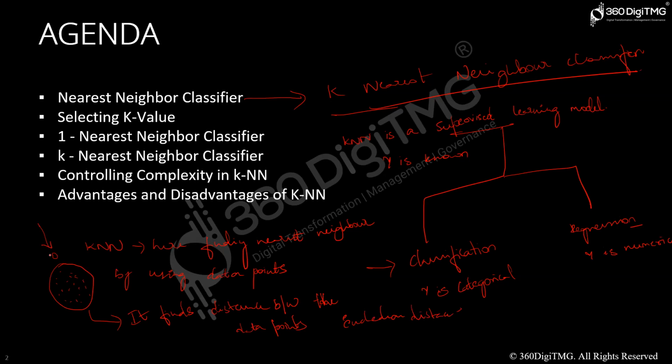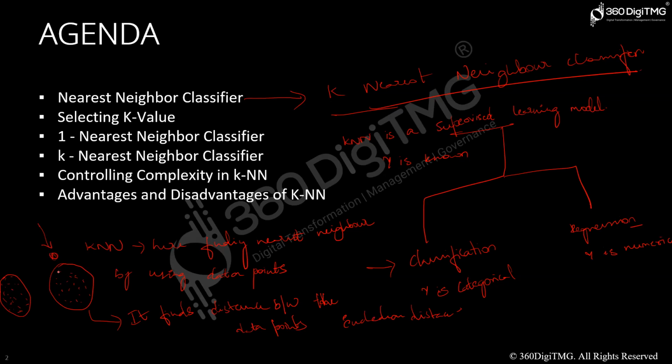Okay, here is one example, and let me take another example. This is also a cluster. So these both are the clusters. Suppose a data point is coming in here, how will it know which cluster, or which neighbor, this data point belongs to?